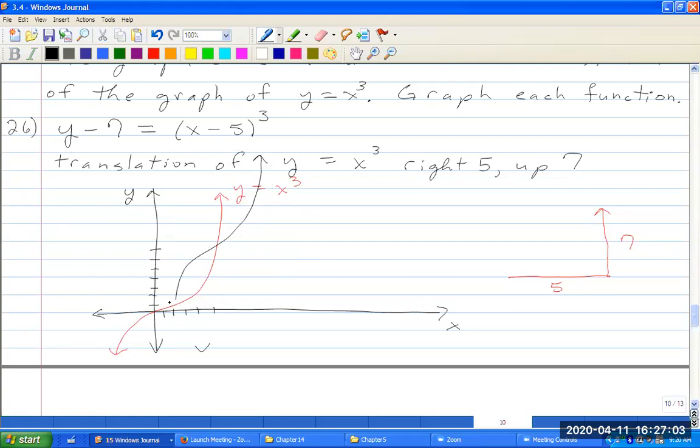It looks something like this. I started out, and maybe I'll even have it go down further, because I started out with the graph of this original function.